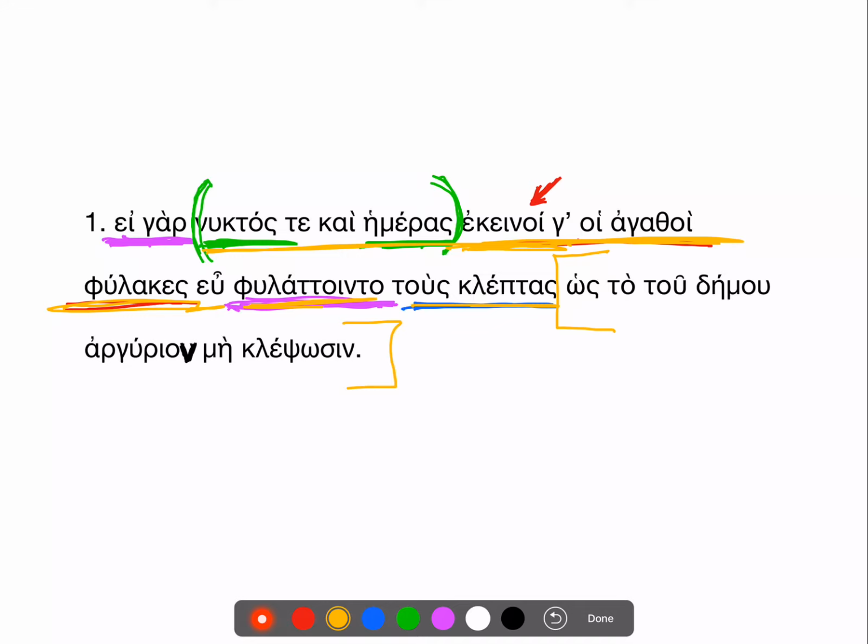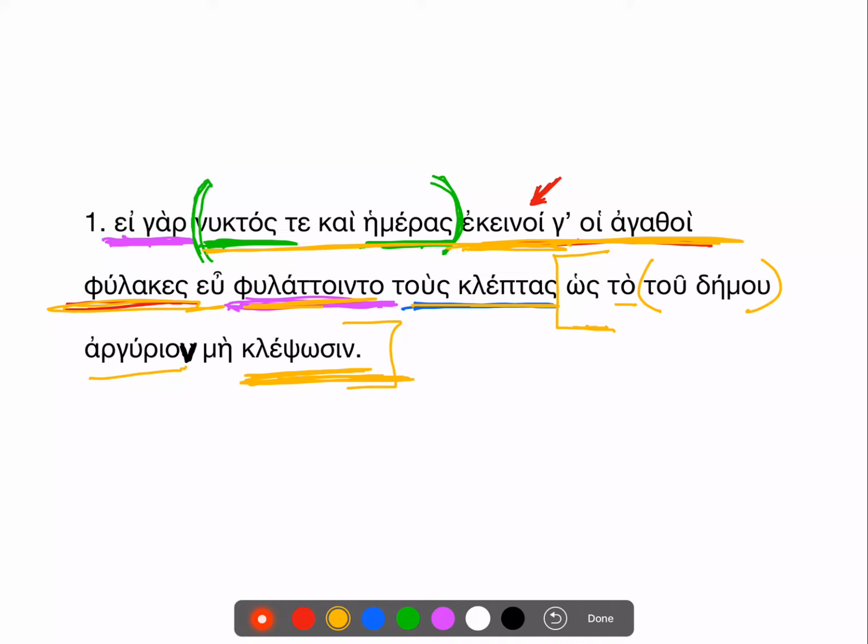And now here comes our purpose clause, hos ta to demu argorion me klepsosin, in order that they may not steal, aorist subjunctive active in a purpose clause and primary sequence, in order that they may not steal ta argorion, the silver of the people.